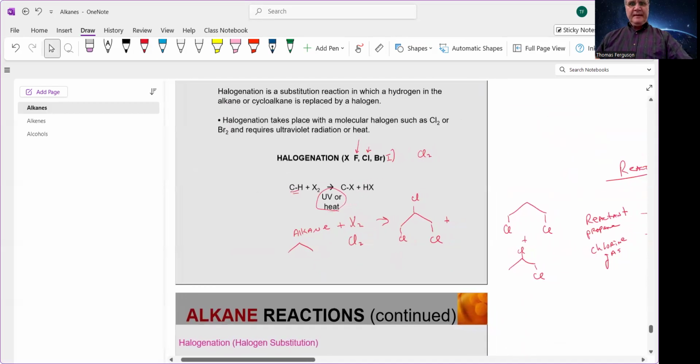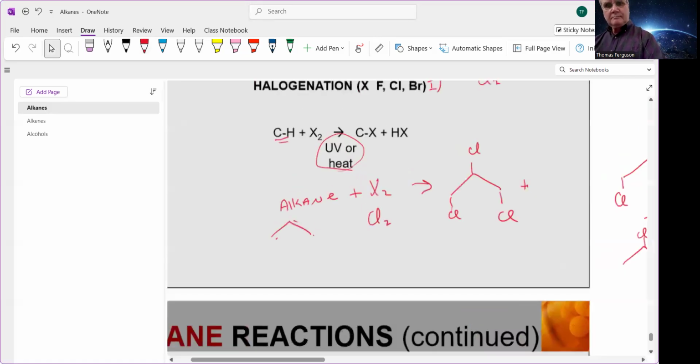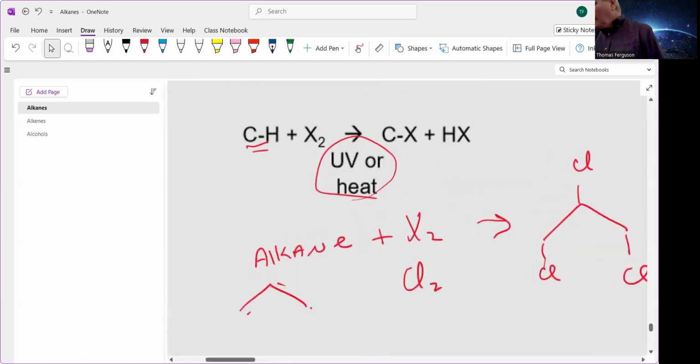Reaction number two is halogenation. And usually it's chlorine or bromine specifically. So if we have an alkane, like 1, 2, 3, that's propane, plus chlorine, with UV or heat, those are the conditions.